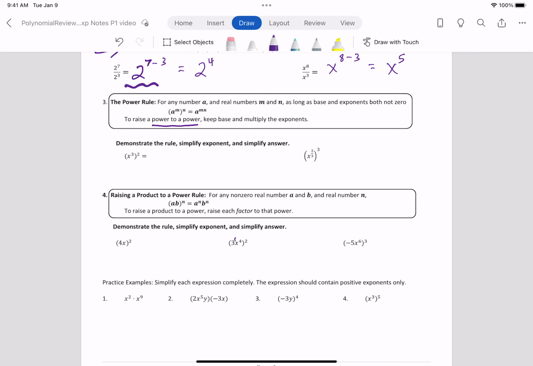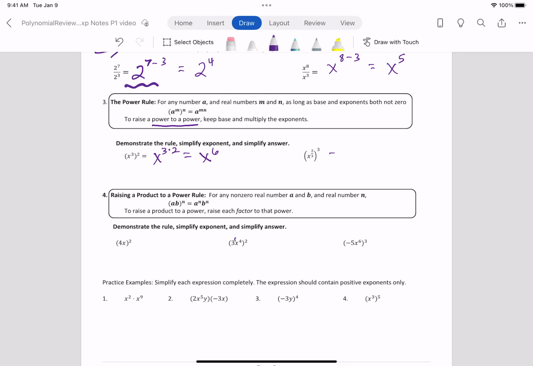Now we're going to multiply the exponents. So for this first one, my base is x. We have the x raised to the 3rd and that whole quantity raised to the 2nd. So we're just going to multiply the 3 times 2, and that gives me x to the 6th.